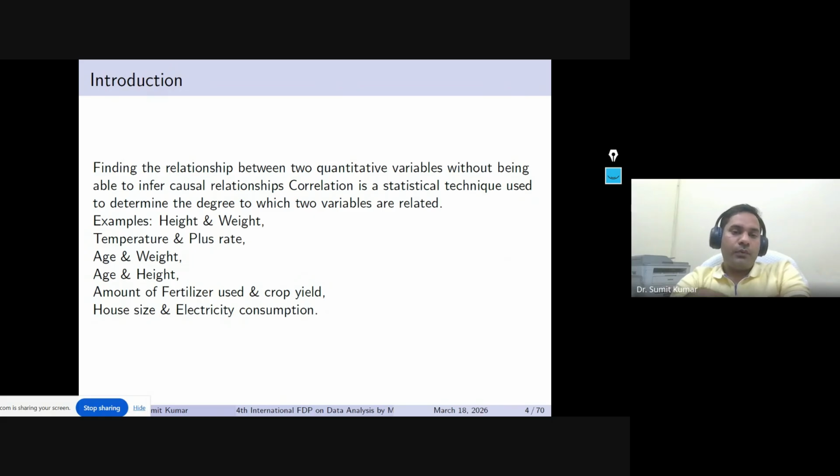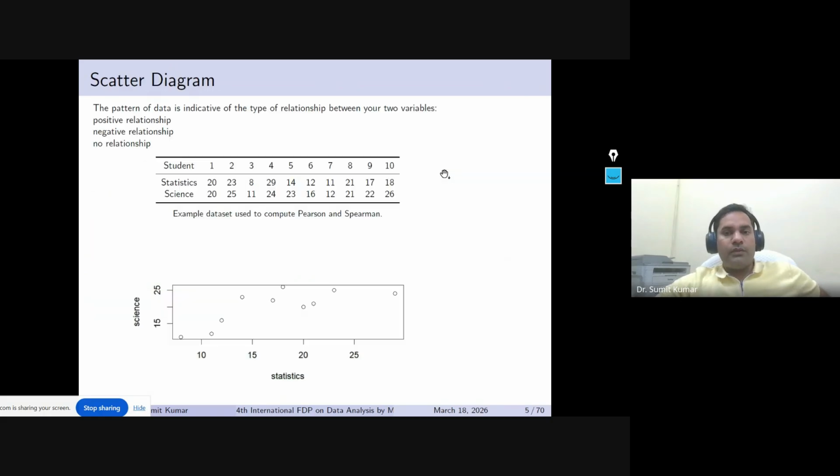If the amount of fertilizer used in crops increases, crop production will definitely increase. If the house size is small, electricity use will be small, otherwise large. These are variables that may be related, but how much they are related we have to check with some coefficient or by using graphs.